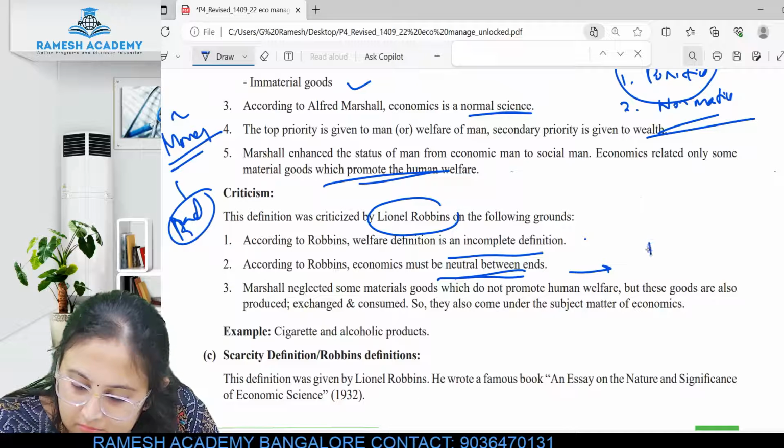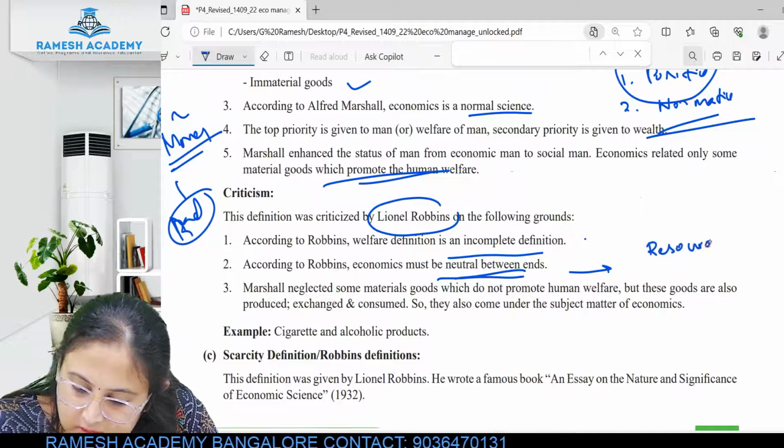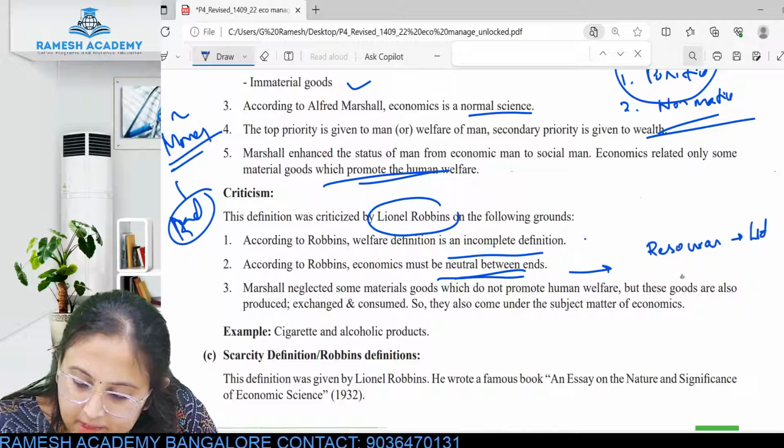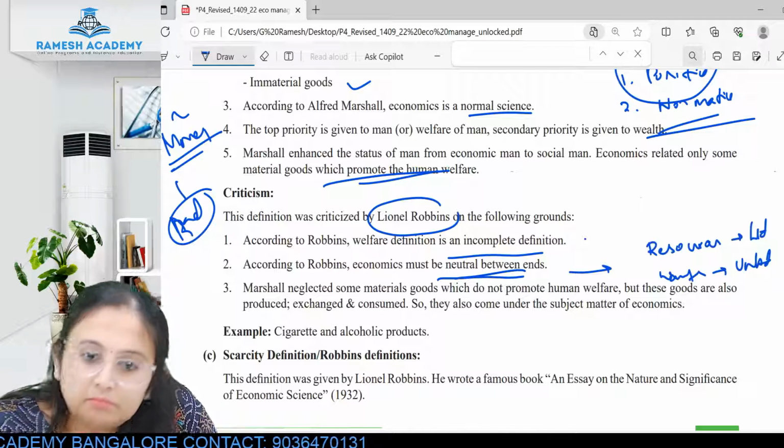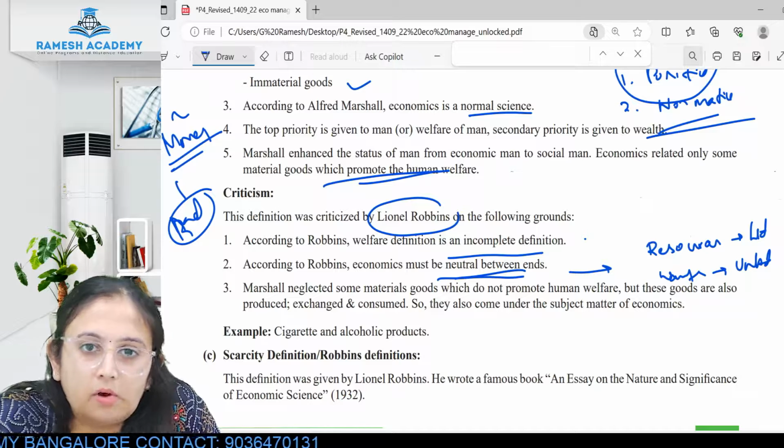Our resources, if you observe, are limited, and our wants are always unlimited.